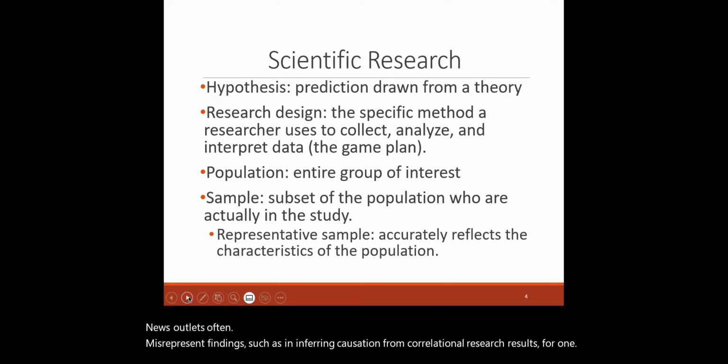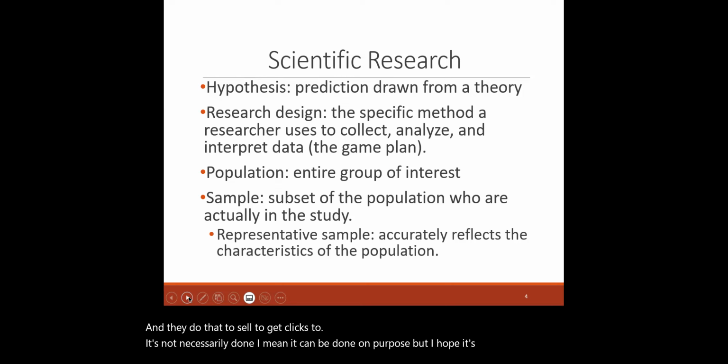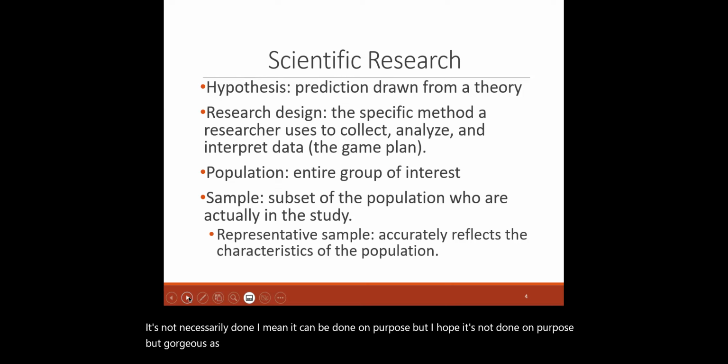And you know, they do that to get clicks. It can be done on purpose, but I hope it's not done on purpose, but more just as a way to try and draw people in.